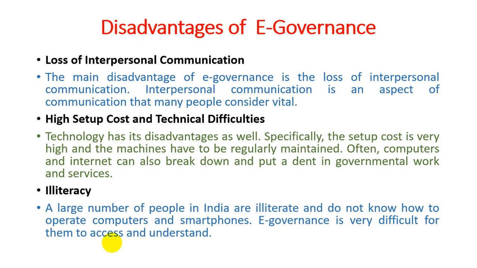Because of that, a new technological e-governance system fails until literacy is addressed. So e-governance is very difficult for them to access and understand, and they do not accept it because they have no trust in e-governance. So literacy is one of the biggest disadvantages of e-governance nowadays.